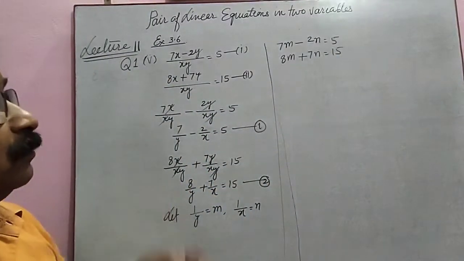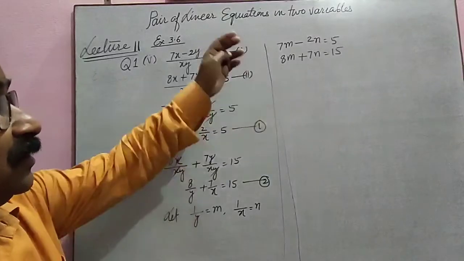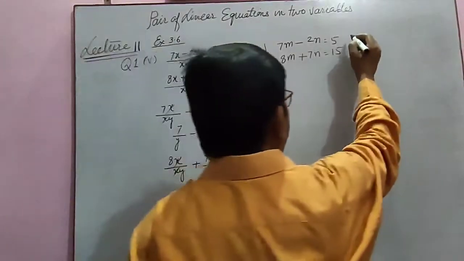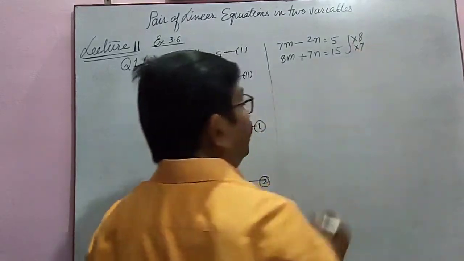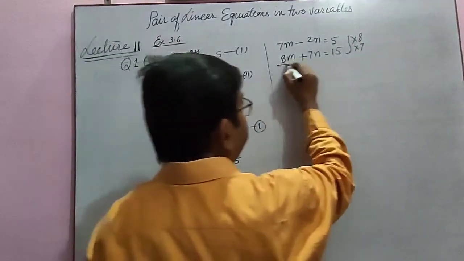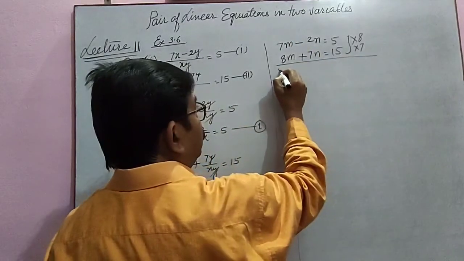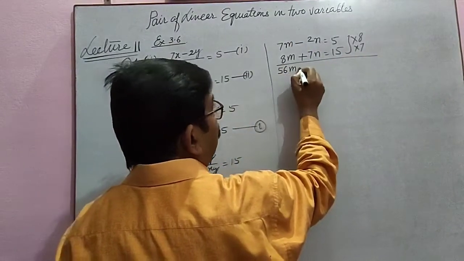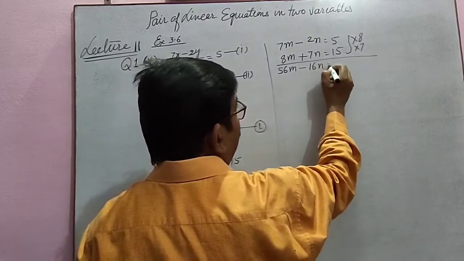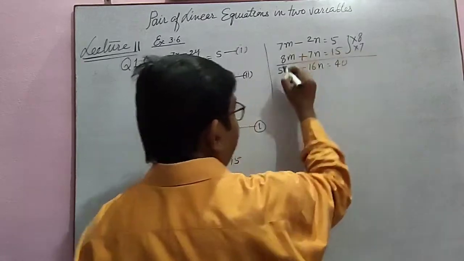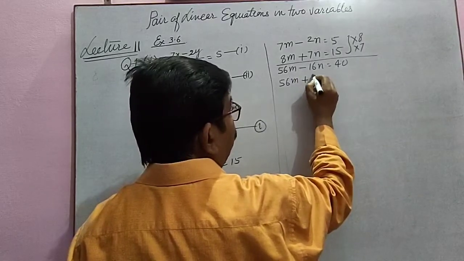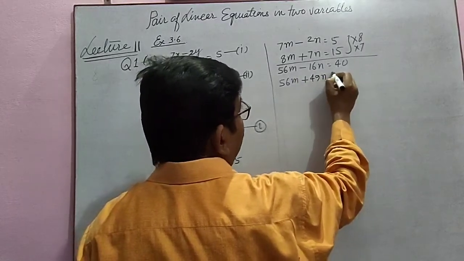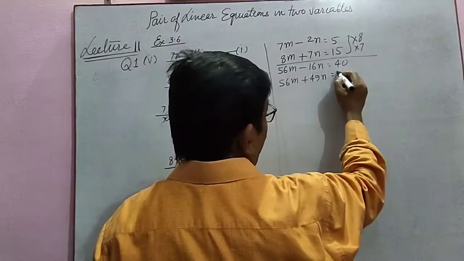I am going to solve by the elimination method, by interchanging the coefficients and multiplying. I am multiplying the first by 8 and the second by 7 to eliminate m. 8 7s are 56m minus 8 2s are 16n, 8 5s are 40. Here 7 8s are 56m plus 7 7s are 49n is equal to 15 7s are 105.